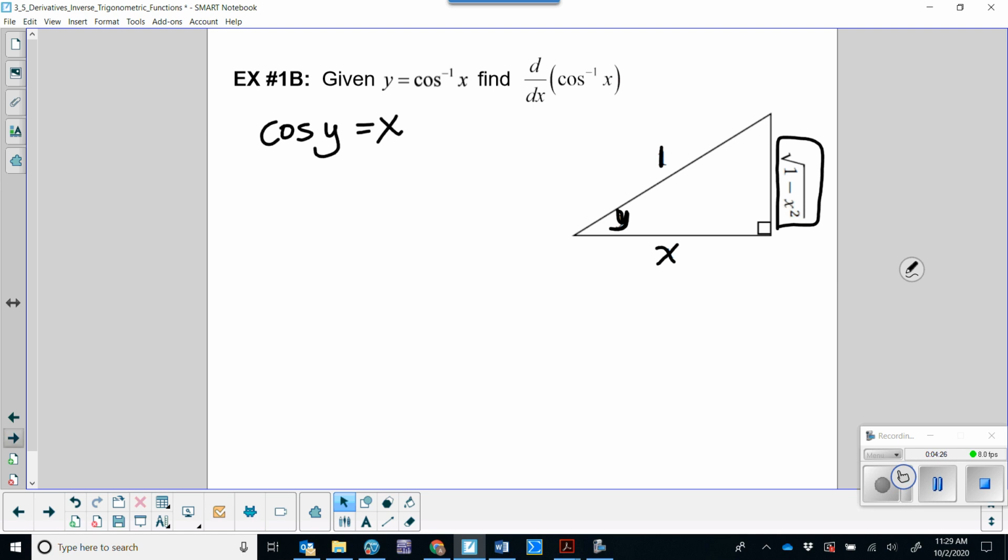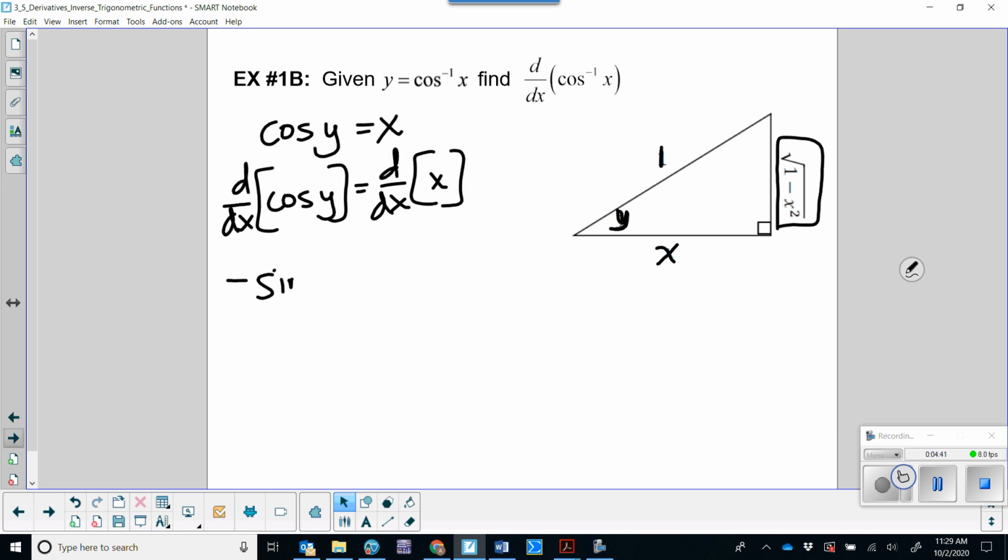I'm going to take the derivative of both sides. The derivative of cosine is the opposite of sine, so you'll have the opposite of sine y, and then of course it's not x, so we take it times dy dx. The derivative of x is 1.